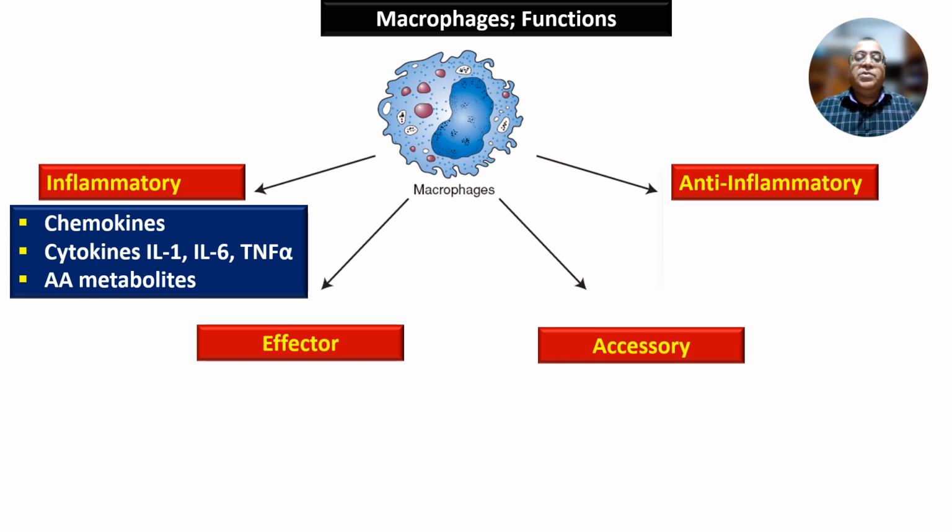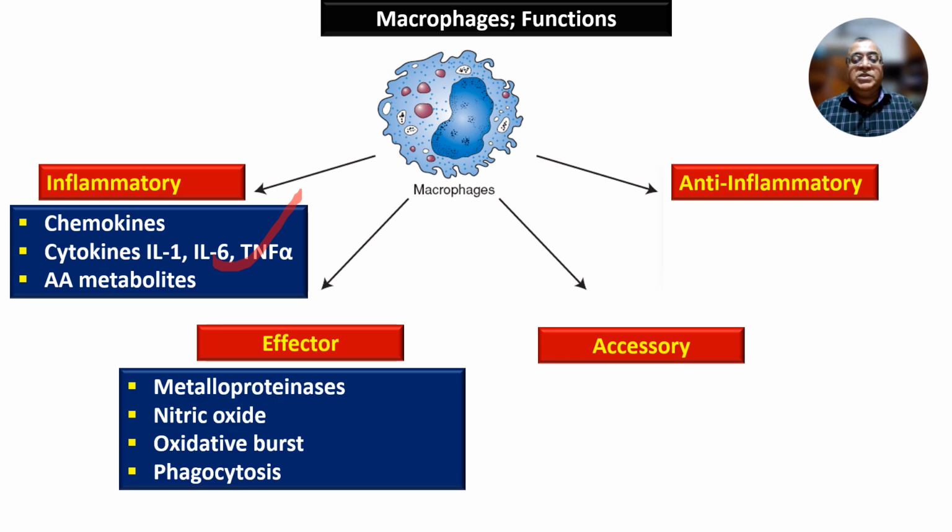The important cytokines are interleukin 1, interleukin 6, TNF alpha, and arachidonic acid metabolites are also implicated in inflammatory functions of the macrophages, while the effector functions are through metalloproteinases, nitric oxide, the oxidative bursts that occur during the process of phagolysosomal interaction, and then phagocytosis.